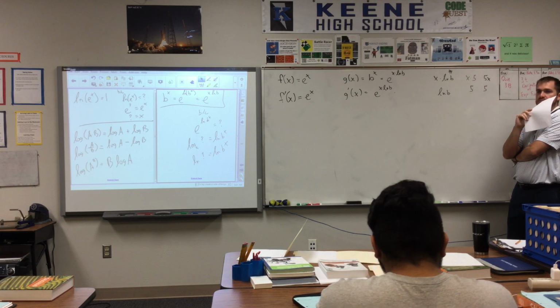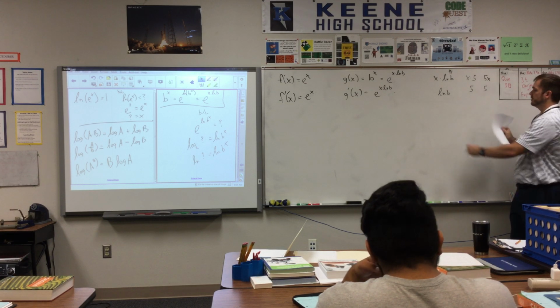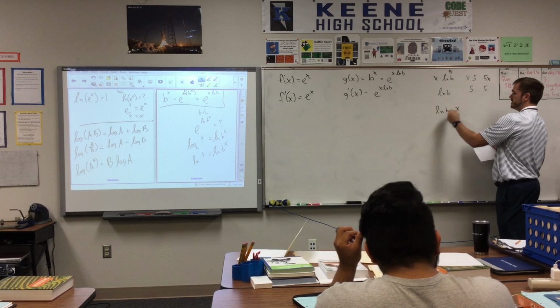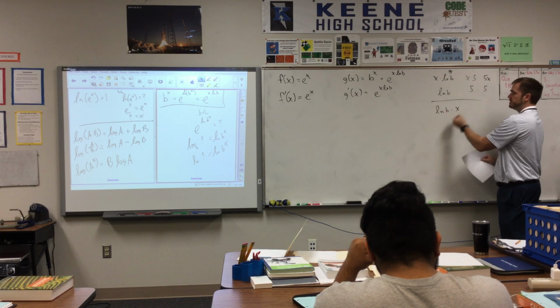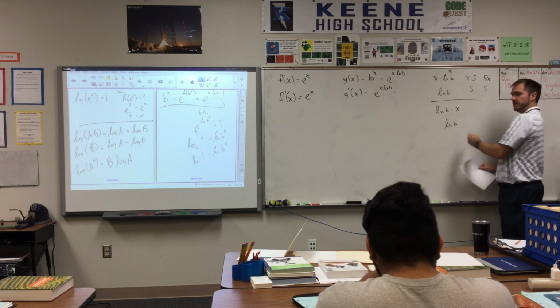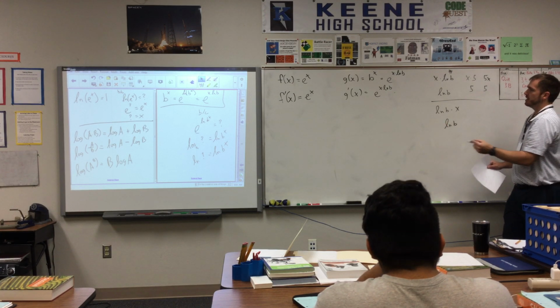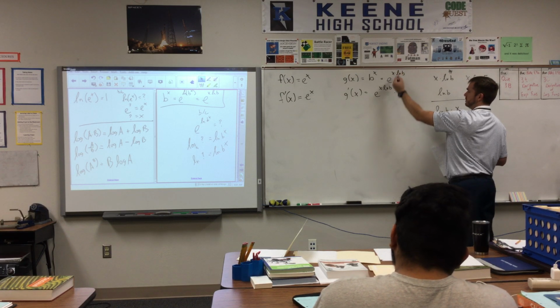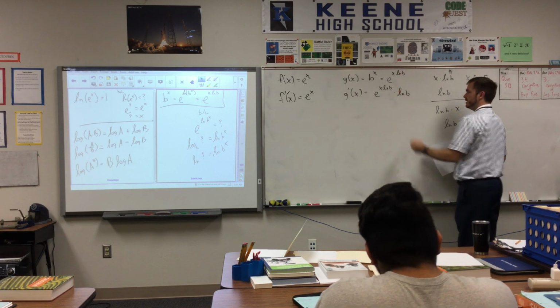It's really more like ln b times x. That's a number. What's the derivative of a number times x? Answer, the number. So chain rule is the derivative of that thing up there, so it's just ln b.